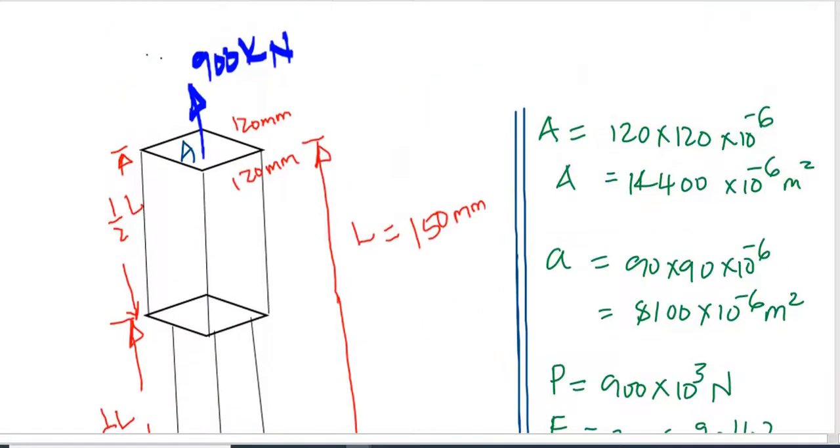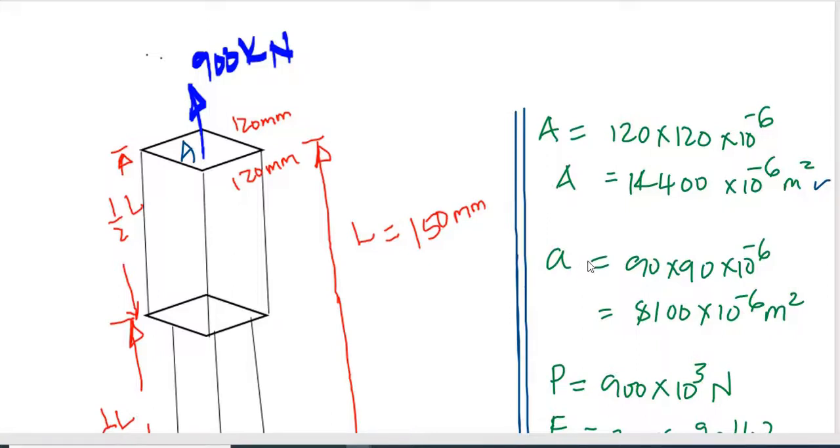Now, our task is to find the cross-section areas. This bigger part is 120 by 120, or just side times side, so that becomes 120 times 120 times 10 to the power negative 6 to convert these figures into meters, and this gives us 14400 times 10 to the power negative 6 square meters.